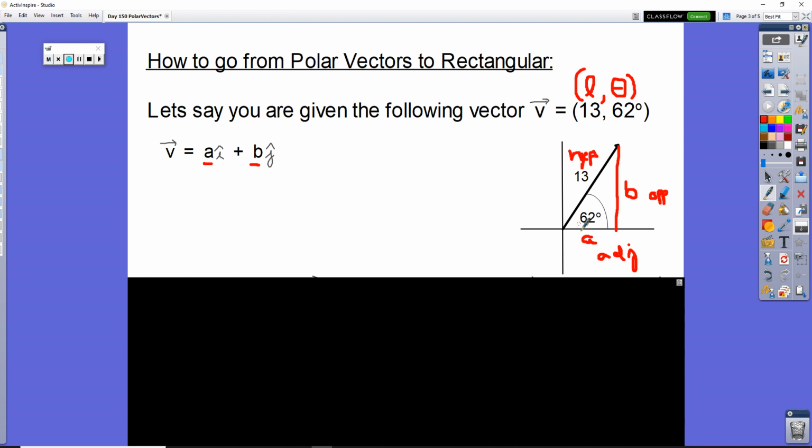So let's use some basic right triangle trig here. We know that sine of an angle is supposed to be made of the opposite side divided by the hypotenuse, and the cosine is supposed to be made of the adjacent side divided by the hypotenuse.